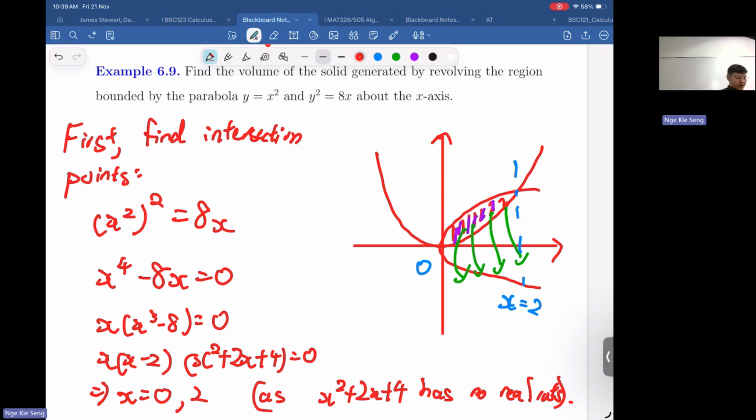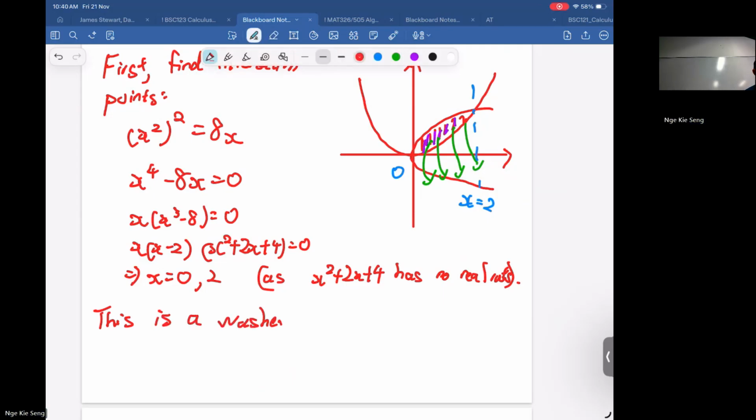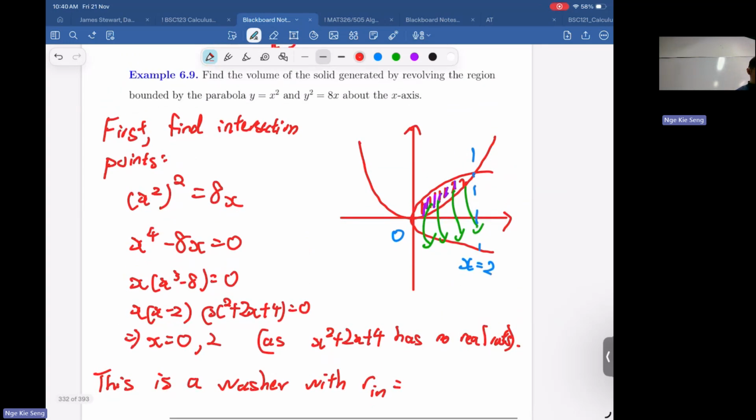All right, so we want to compute this washer. So we need to find what R in and R out are. What is R in? R in is controlled by which function? Y equals x squared. Good. So this is a washer with R in controlled by, since the radius is in the y direction, y equals x squared.